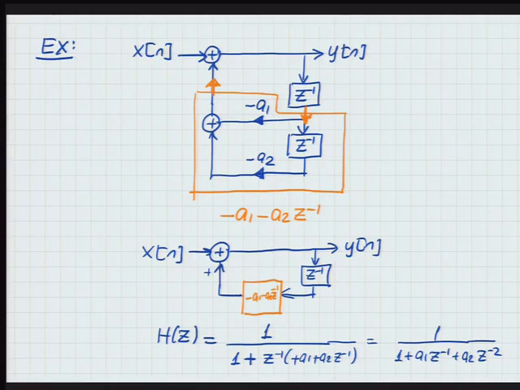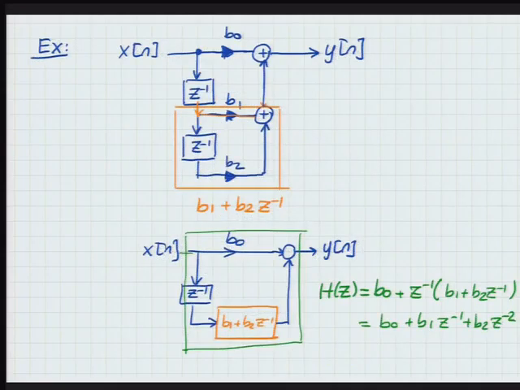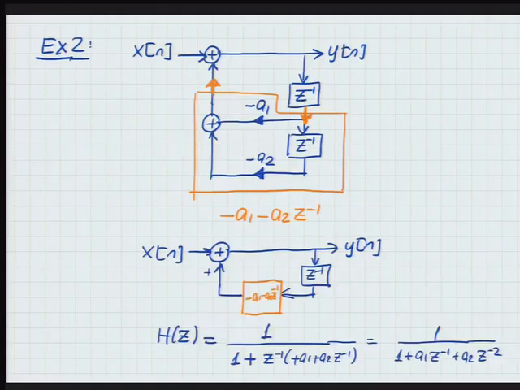So now let's call this example 2. This is example 2. And let's go back and call this example 1. So look at example 1. We created B0 plus B1 Z inverse plus B2 Z to the negative 2. And then we have the second example.